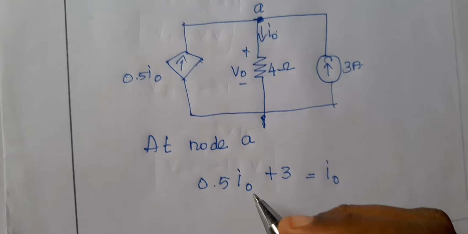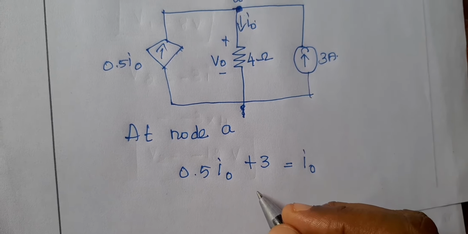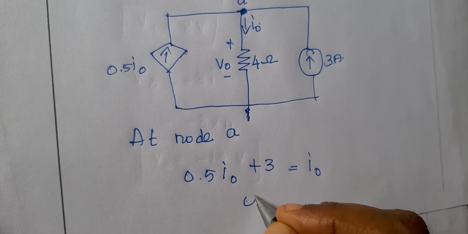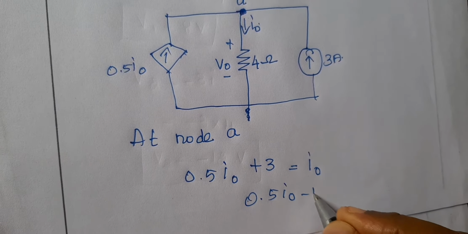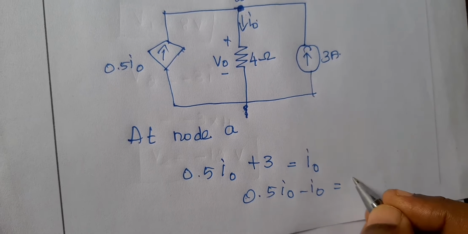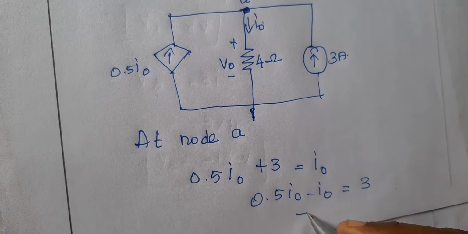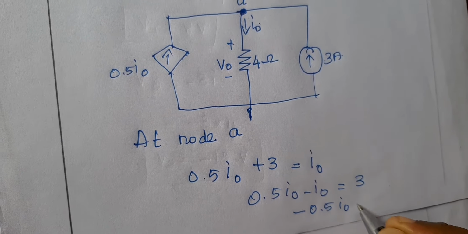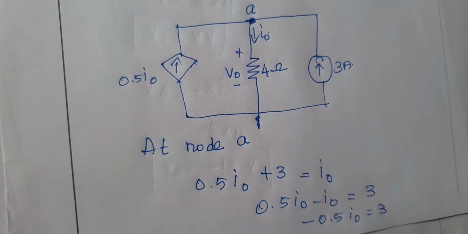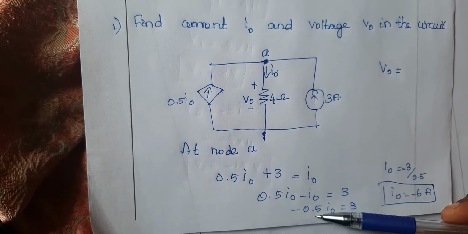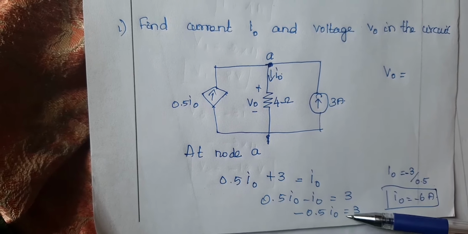So what is the value? 0.5 I0 minus I0 is equal to 3. 1 minus 0.5 is 0.5, so minus 0.5 I0 equals 3.